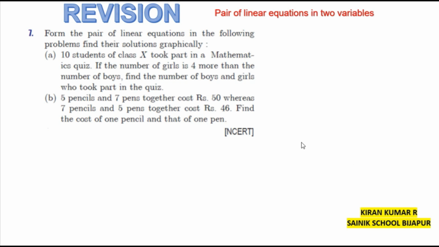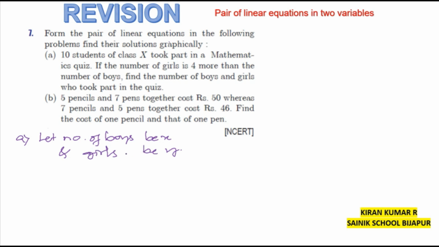Let me consider the number of boys to be x and the number of girls to be y. I'll solve the first question. A. Let number of boys be x and girls be y.